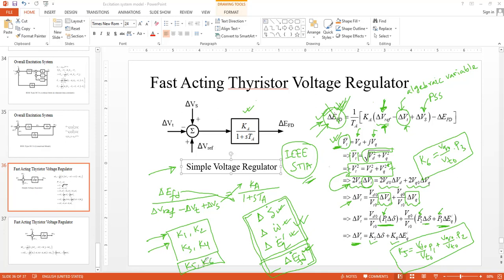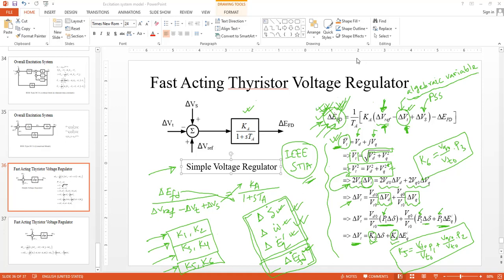Previously we had 4, now we have 6. With the addition of this state variable, we got a terminal voltage variable present in our state equation, which is none of the state variables. So we treat it as an algebraic variable, and then we linearize it, and we find the 2 additional K constants. So this is a summary of this slide.